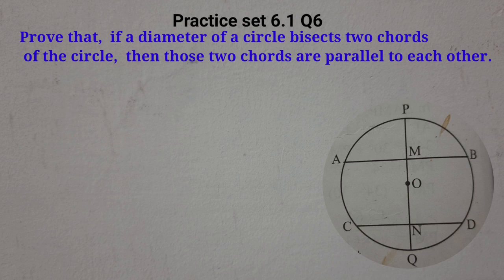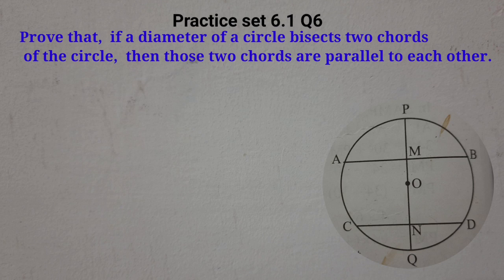The center point of the circle is given as point O. Point M and point N are the intersection points of chords AB and CD with the diameter PQ. Diameter PQ bisects AB and CD, and we have to prove that these two chords AB and CD are parallel to each other.